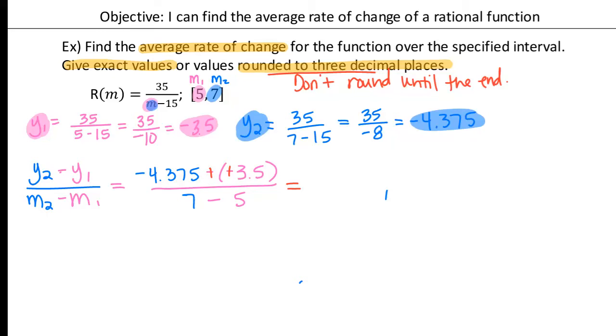So in the calculator, really you're doing negative 4.375 plus 3.5, or you could plug it in how it was originally, negative 4.375 minus parenthesis negative 3.5. And you should get negative something. What did you guys get in the calculator? Negative 4375. Did you guys all get that?